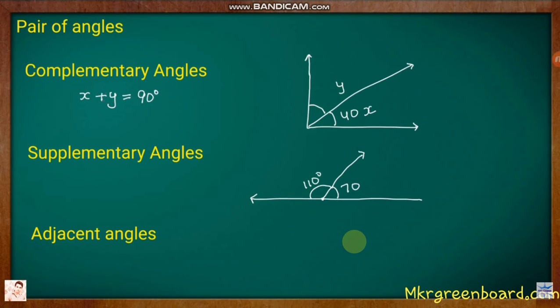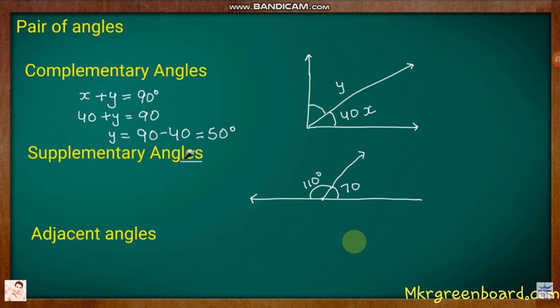We know x plus y is equal to 90 degrees. So x is 40, and y is 90 minus 40. The 40 moves to the right-hand side and plus becomes minus. So the answer is 50 degrees. In this method we can find one angle from another. The y value is 50 degrees.